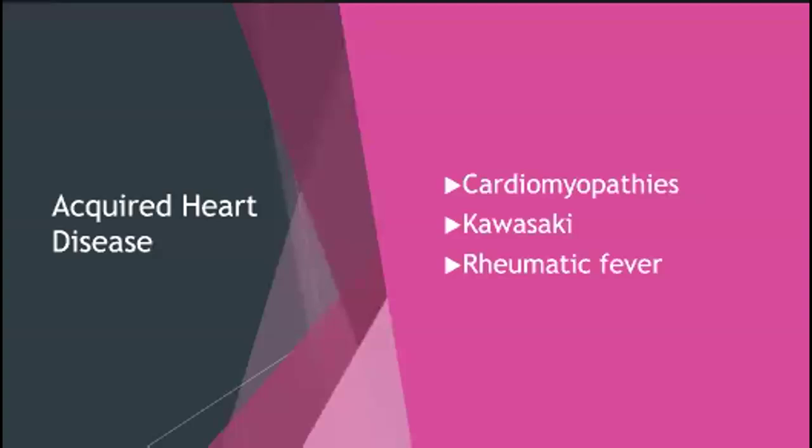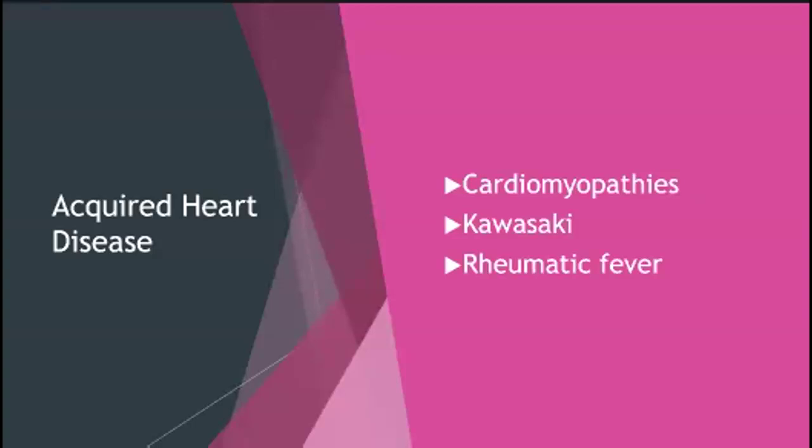Acquired heart diseases refer to heart conditions that develop after birth. Unlike congenital heart disease, these are not present at birth but occur due to infection, inflammation, or muscle disease. They can affect normal hearts or children that already have underlying congenital heart disease.